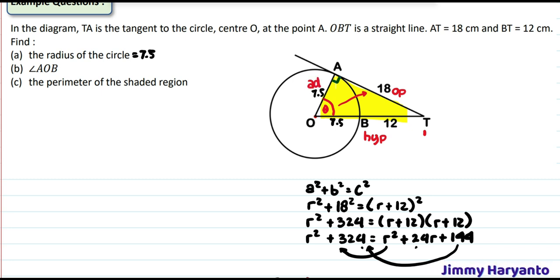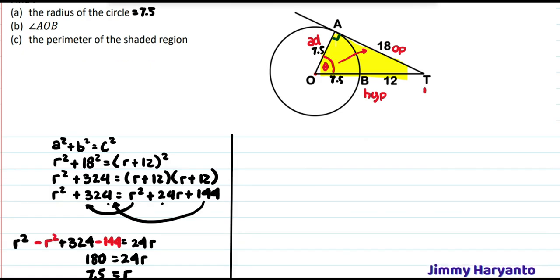Wait, let me copy the image for you. Okay, never mind, we can see it clearly right now. I already moved the workings before. For this one, I want to use tangent. Actually you can use sine, cos, or tangent, you can choose one of them because we already have all of the sides. For the tangent the formula is opposite over adjacent, my bad.